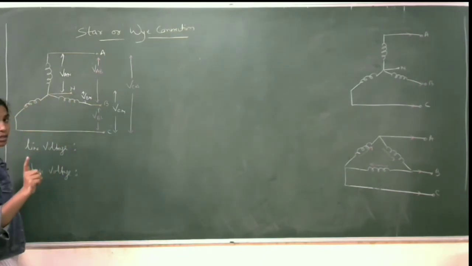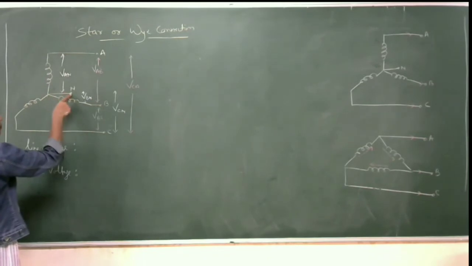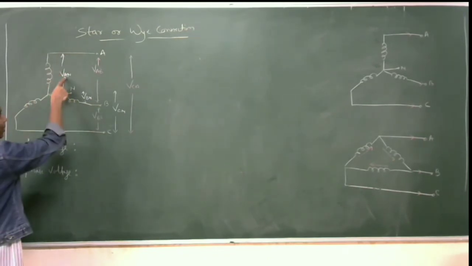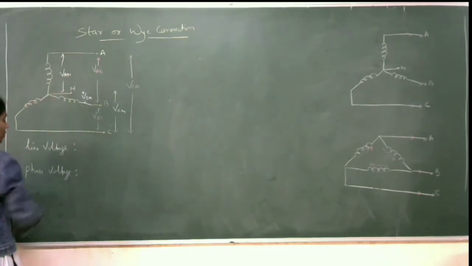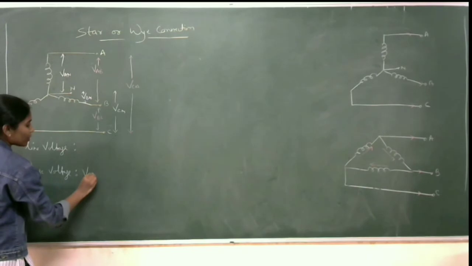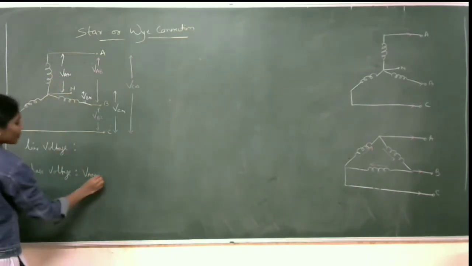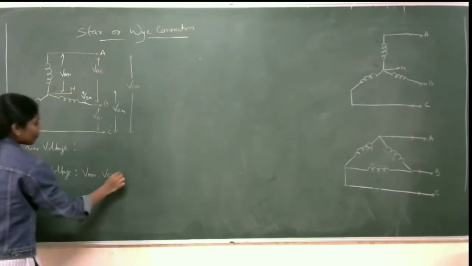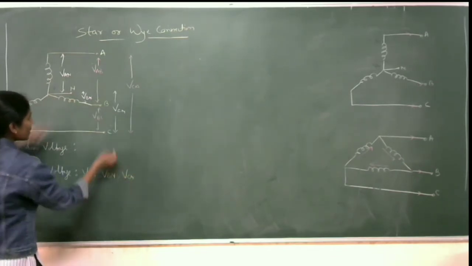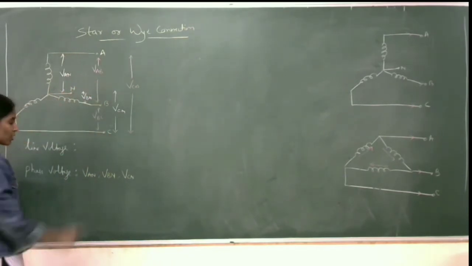Phase voltage is the voltage across a winding. The winding connected between point A and point N gives the first phase voltage, VAN. Similarly, the second phase voltage is VBN. Next is VCN, the voltage between terminal C and neutral. So these are the phase values.